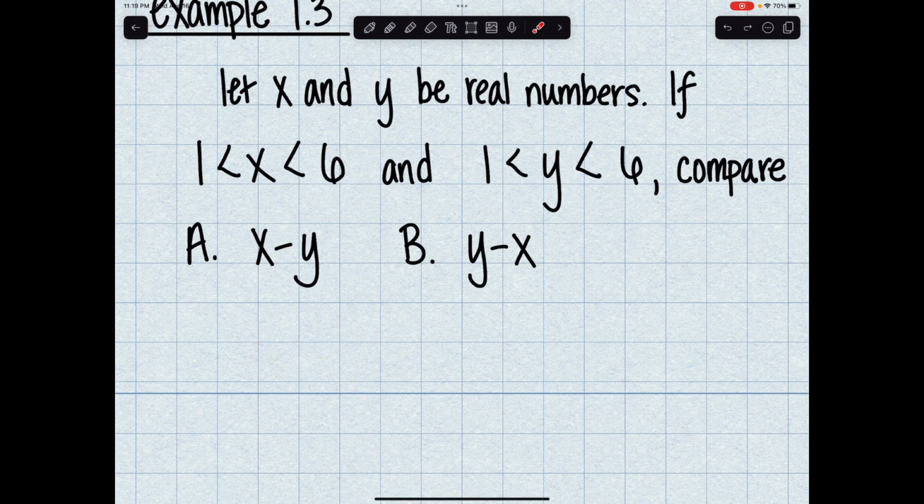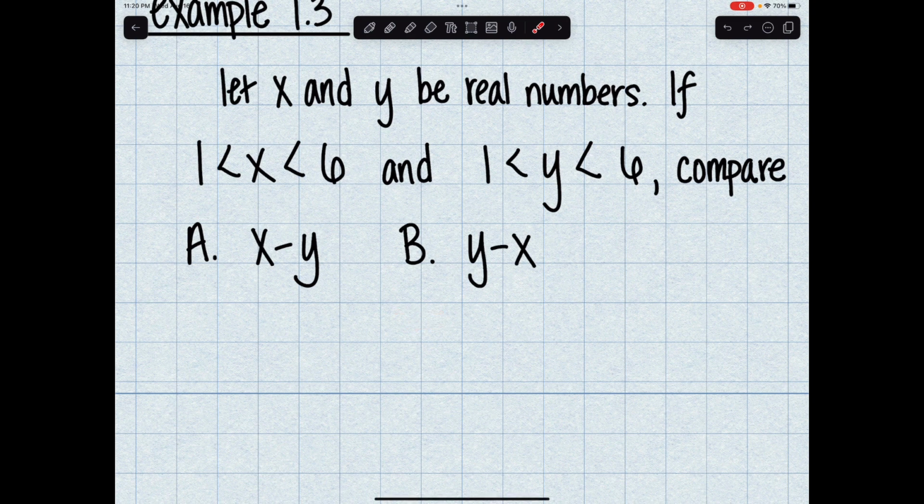If x is less than y, then this is going to be a negative number, and this is going to be a positive number. Okay, so we still don't know which one is bigger. What if x is exactly equal to y? Then x minus y is going to end up being 0, and y minus x is going to end up being 0. So those two things are equal.